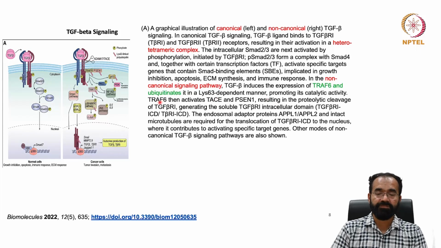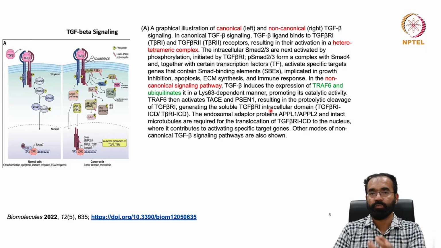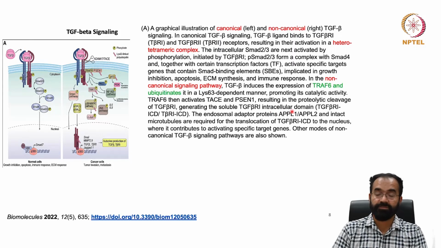TRAF6 then activates another molecule called TACE and PSEN1, and these two molecules get activated, resulting in the proteolytic cleavage of TGF-beta-R1, the same receptor which forms the heterotetrameric receptor, generating a soluble TGF-beta-R1 intracellular domain. So you end up getting a free moving domain of TGF-beta-R1, which in short form is called TGF-beta-R1 ICD.